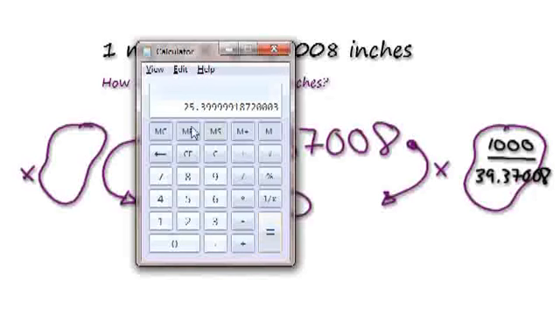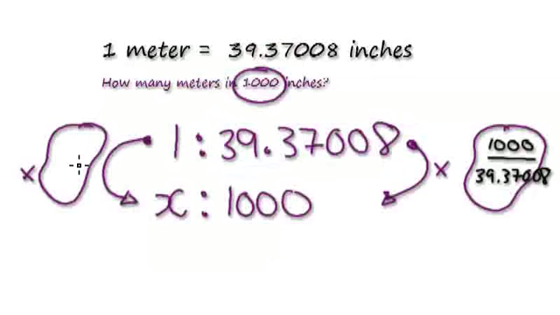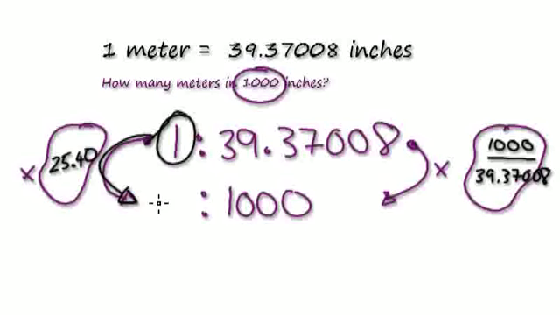So this magical number is actually 25, let's round off to 25.40. Now if you want to know what x is, start here and then times your multiplier, and that would then take you into the x. 1 times the multiplier would be 25.40.